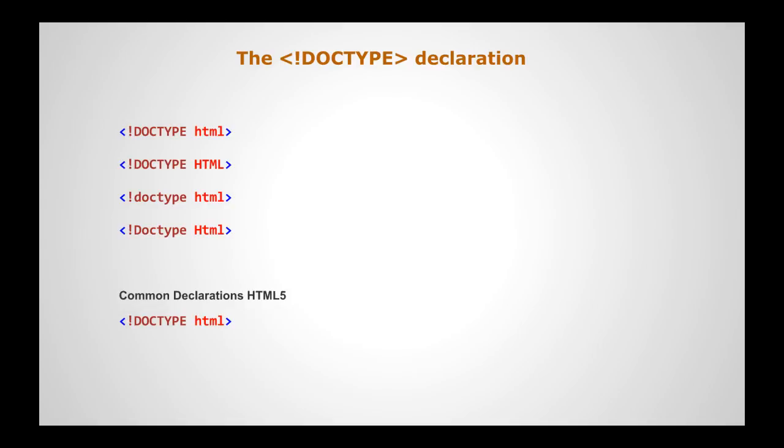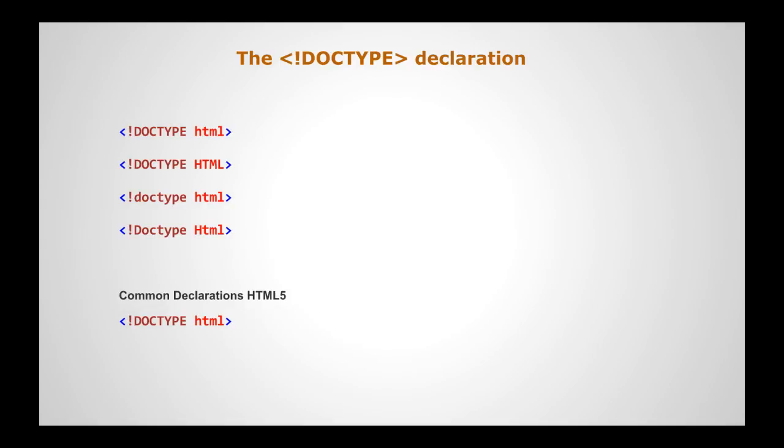As you can see in this slide, you can use lowercase, uppercase, or mix and match, but the most common declaration for HTML5 is the first one. So for consistency, I will be writing the declaration like this one here.